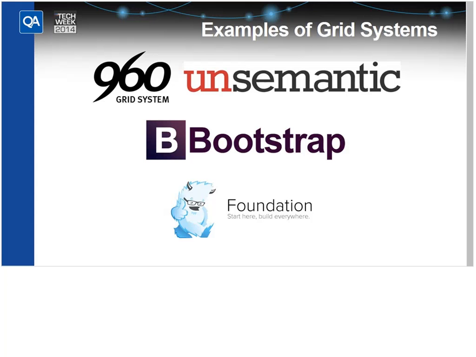Unsemantic, a lot of the 960 team have gone into unsemantic as a way of creating a responsive grid system. Bootstrap is the other one that people have heard a lot about. Bootstrap was created by Twitter, and it is freely available. I like it, but I prefer Foundation, which is what we're going to start with, because Foundation is actually a very modular framework. And actually, with Foundation, you can take control quite quickly to start making Foundation websites not look like they are built from the building blocks of the Bootstrap framework.